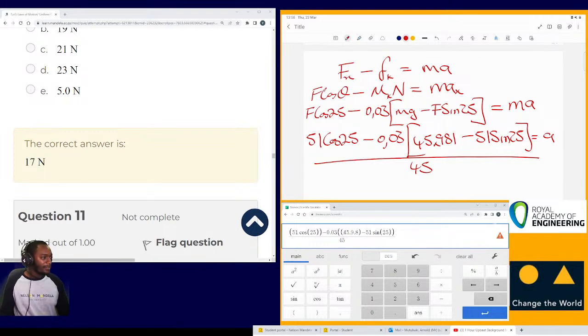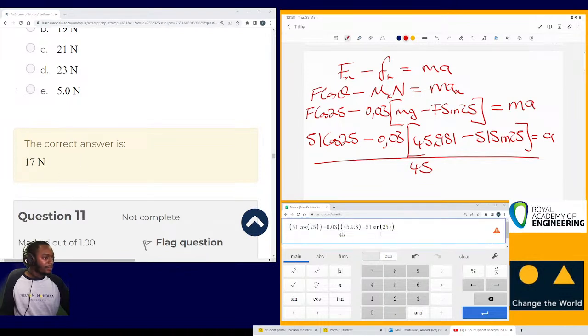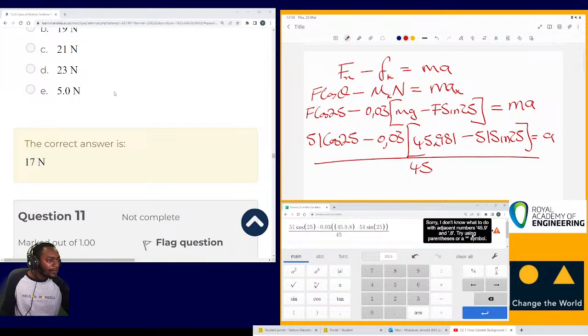Let me see, did I punch this correctly? Are there other students as well who are attending? They should, but unfortunately some don't attend the live sessions.